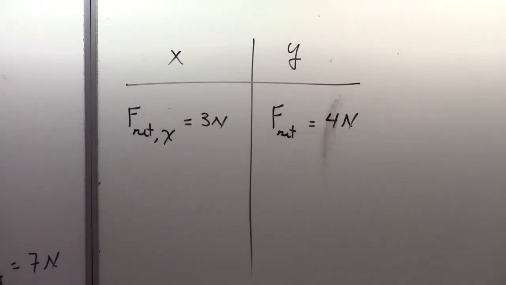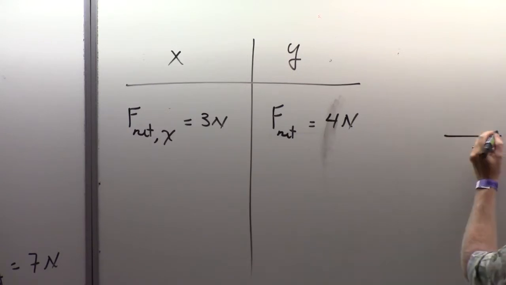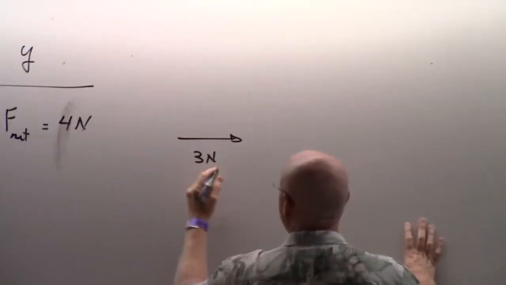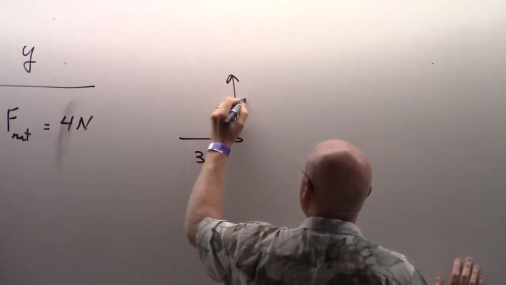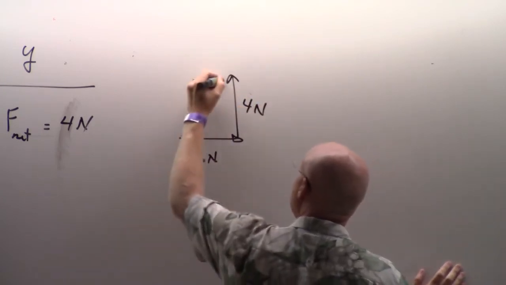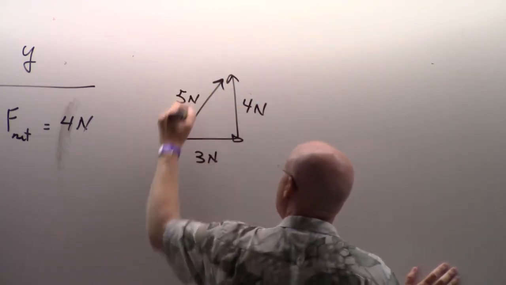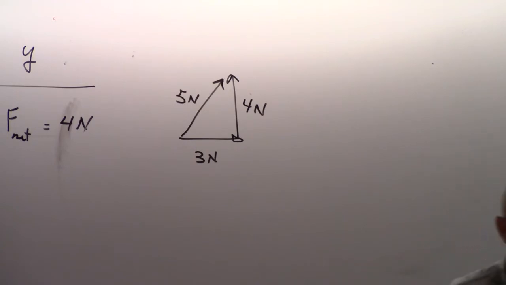On the other hand, if you wanted them to think of them as one big force and say, what is the magnitude of that? You get the idea that we've been doing. Good. We can put these together like a vector. And if you had a 3 newtons to the right and a 4 newtons, the net would be 5 in terms of magnitude.